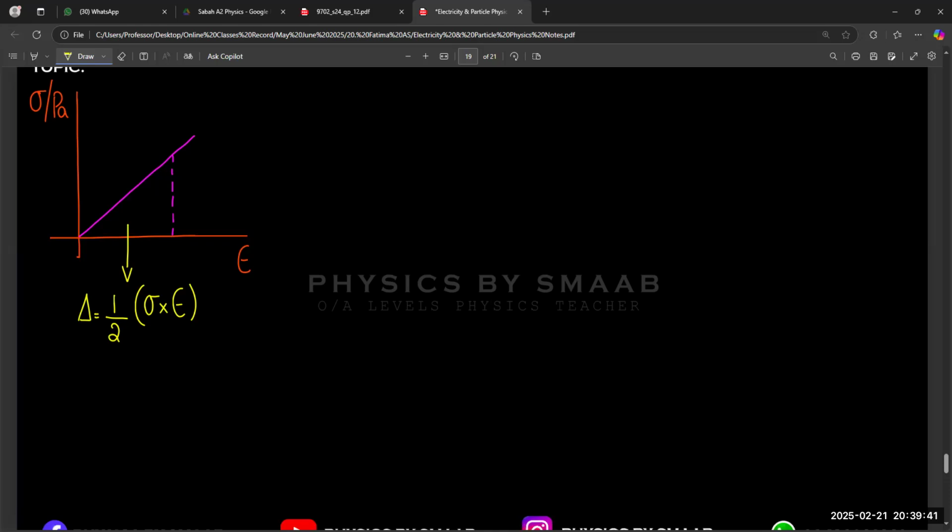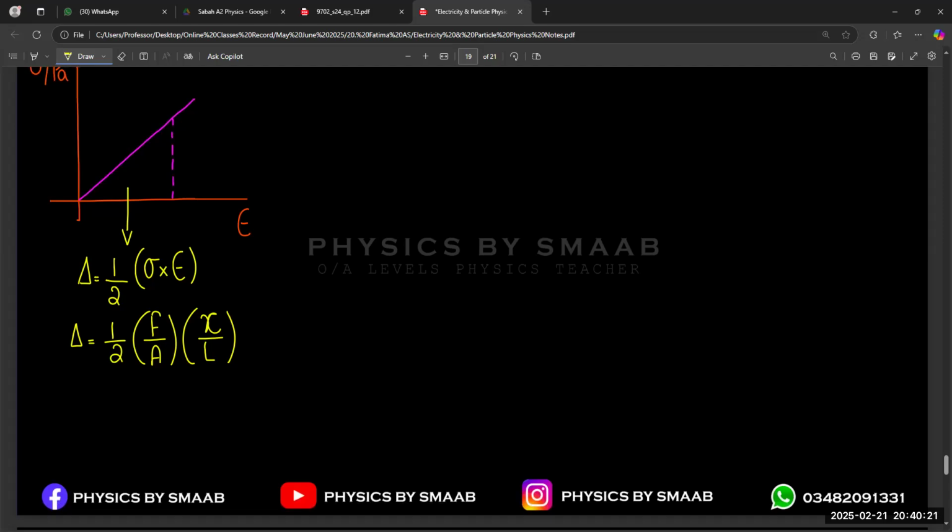And the formula for stress is equal to force upon area, and strain is x over L. So it is equal to half F over A into x over L. And if we combine A into L, A into L is equal to the volume, because A consists of two lengths and L consists of only a single length.